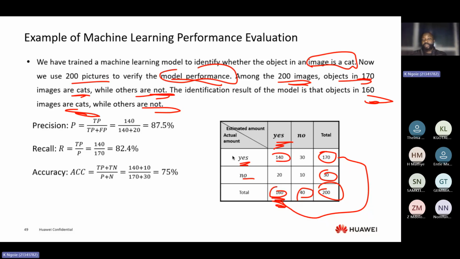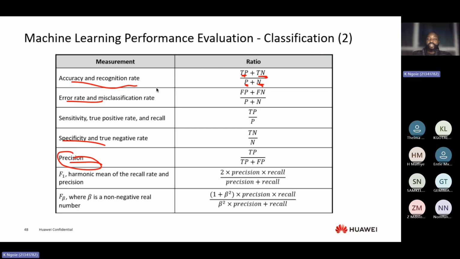And the other cats, about 30, were not identified as cats. And then we have the false positive. False positive is the number of pictures that were not cats, but were identified as cats. There were 20.